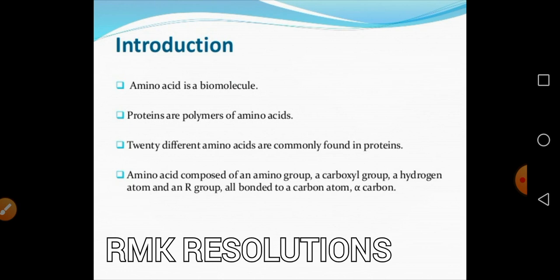In nature there are 20 different amino acids found in protein, and an amino acid is composed of an amino group, carboxyl group, hydrogen atom and R group. All these are bound to the central carbon atom, which we also call the alpha carbon.